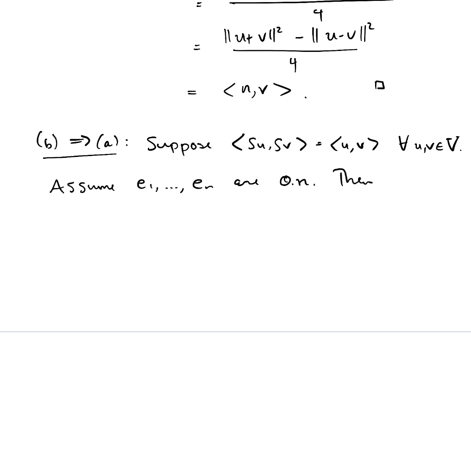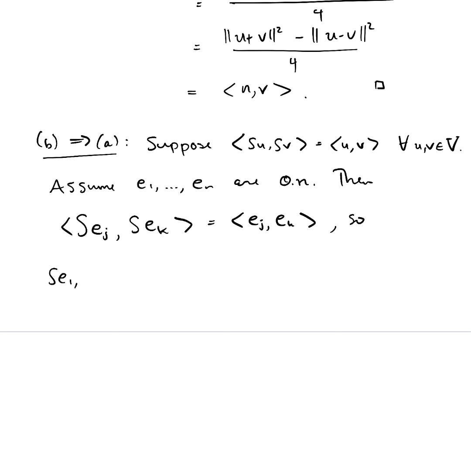Well then, if you're interested in the inner product between SEj and SEk, we're under the supposition right now that S preserves inner products, so that's the same as the inner product of Ej with Ek. So that's 1 when j and k match, and 0 otherwise, because we're assuming E1 through En really are orthonormal.